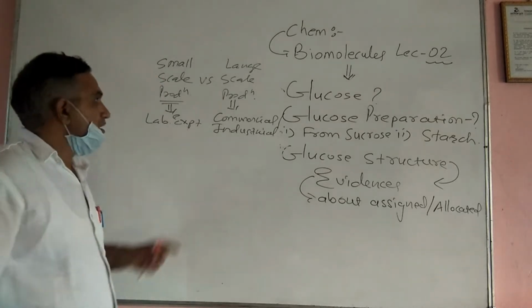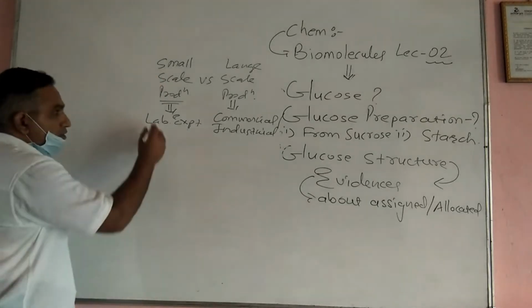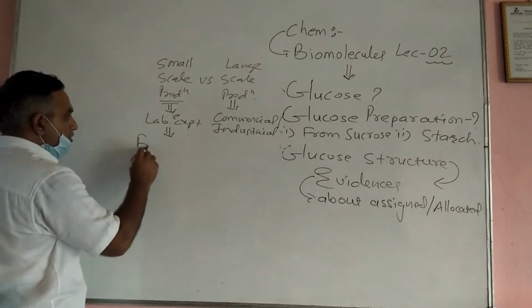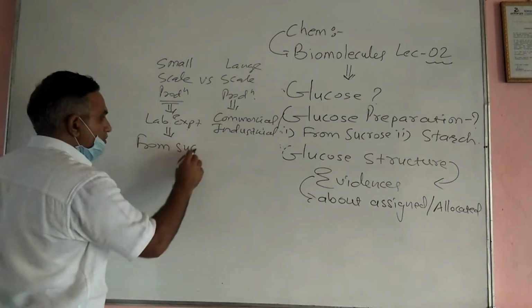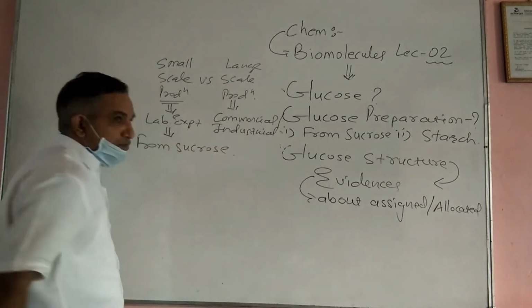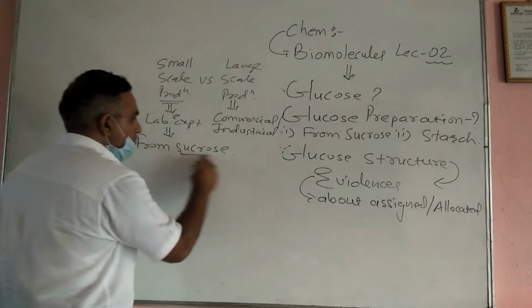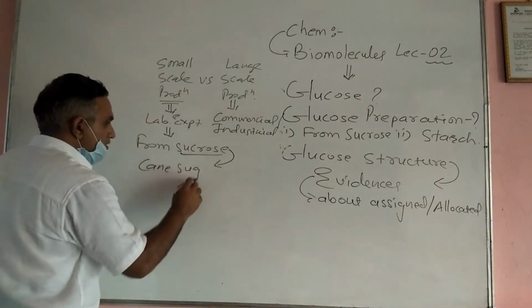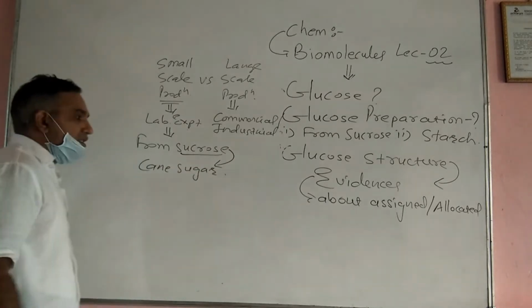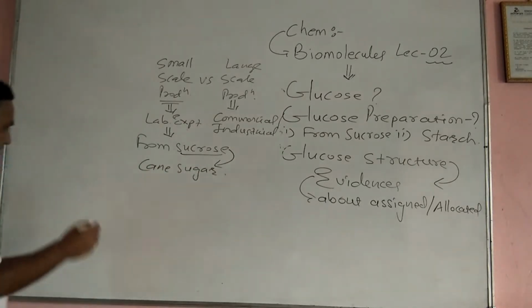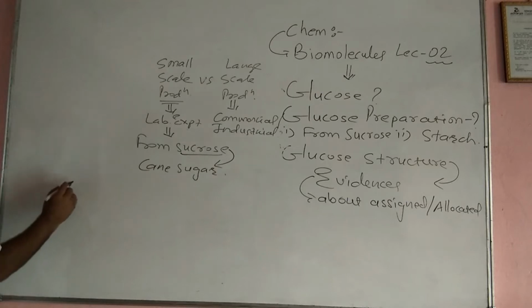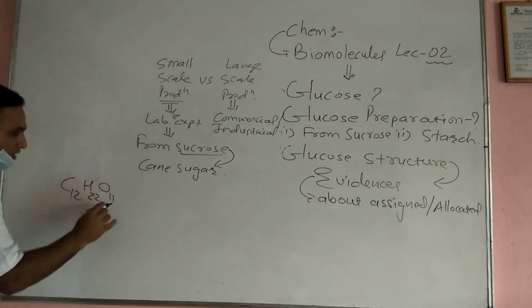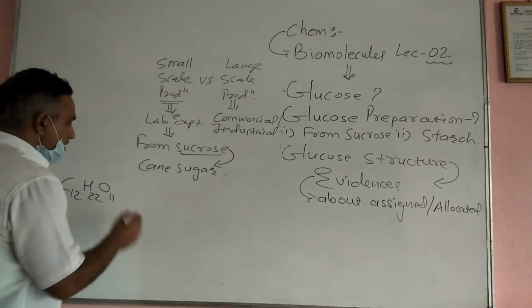So see here, glucose preparation from sucrose. You already know that sucrose is cane sugar, and its molecular formula is C12H22O11.